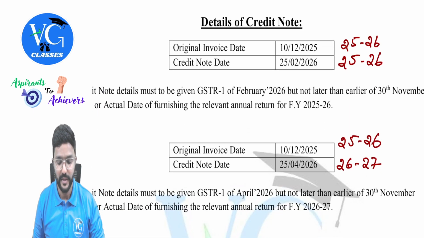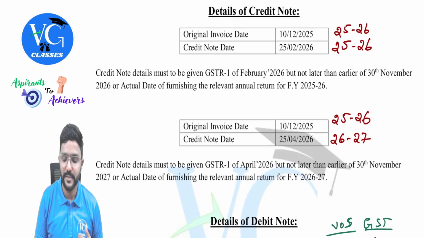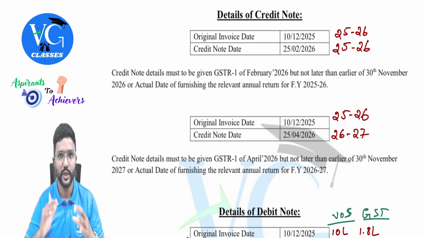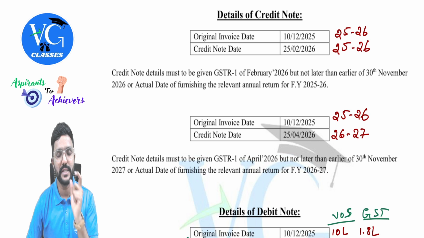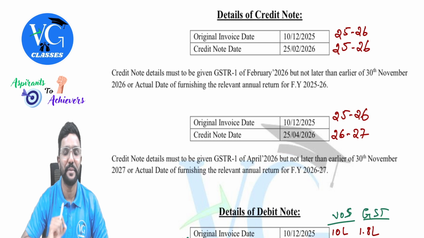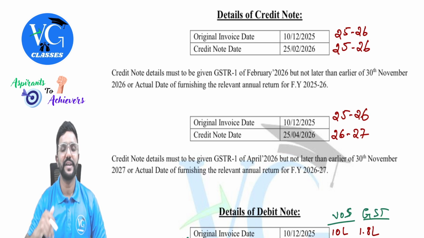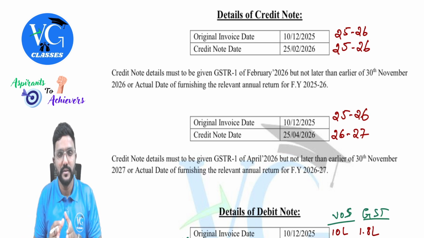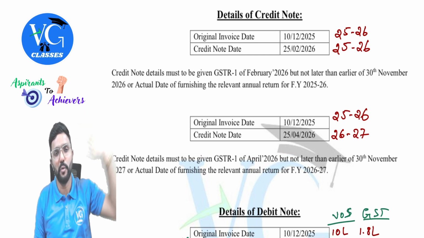Okay, sir. Fine. And whenever a credit note has been issued by the supplier to the recipient, he needs to disclose the details of the credit note in the return, that is GSTR-1, which he will file for the month in which the credit note is issued. I repeat. Assume I have issued a credit note in January for the supply which already happened in November.